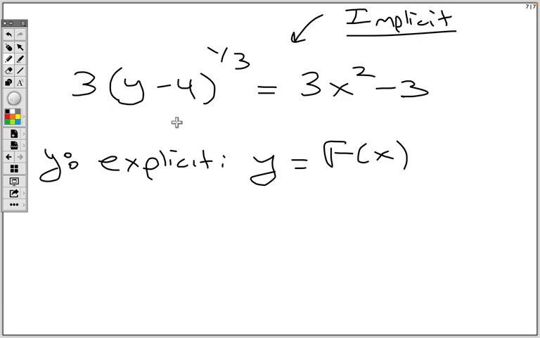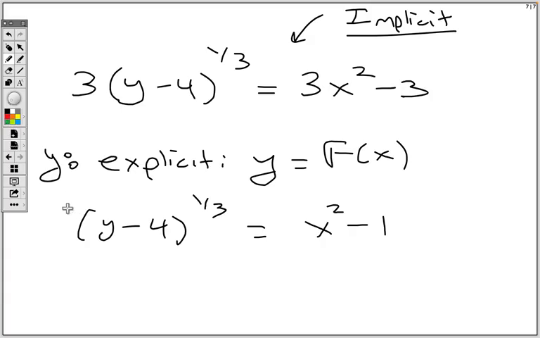Yeah, we could divide through by the 3, get rid of that. So divide everything by 3, both sides by 3, then each term by 3. And then how do I get rid of the 1/3 power? Cube both sides.